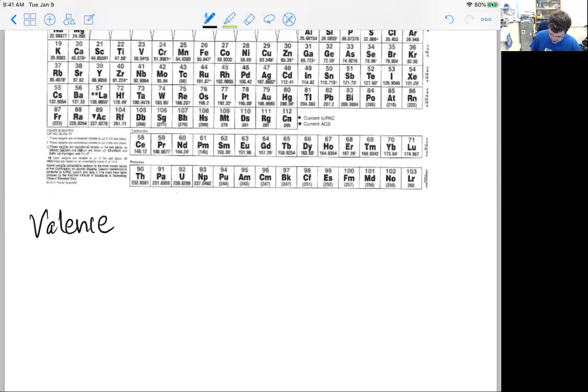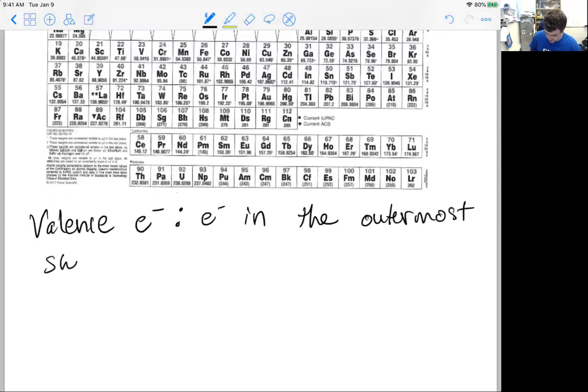I mentioned this is one of the more important terms to understand if we're going to understand chemical properties, and that's true. Valence electrons. These are the electrons in the outermost shell of an atom.